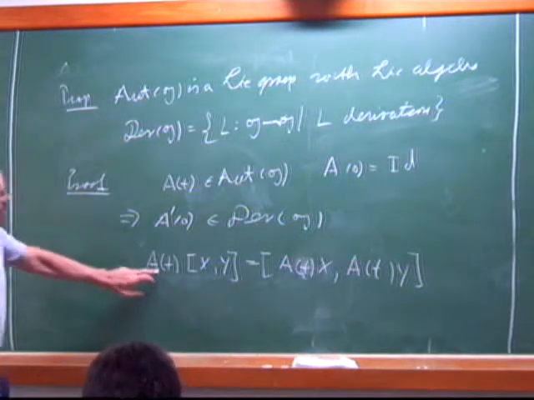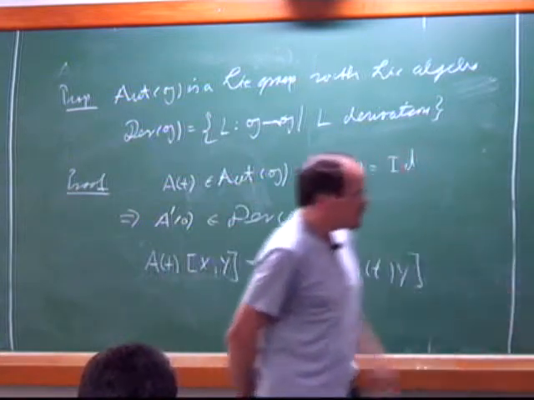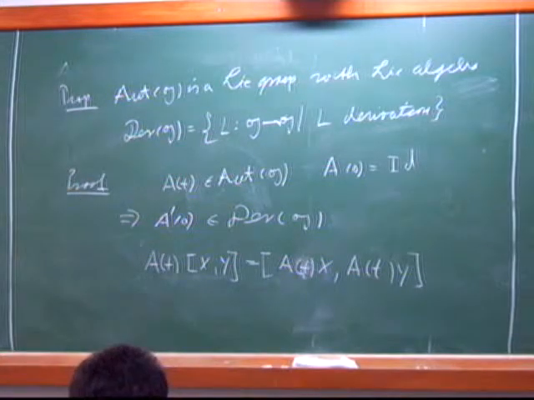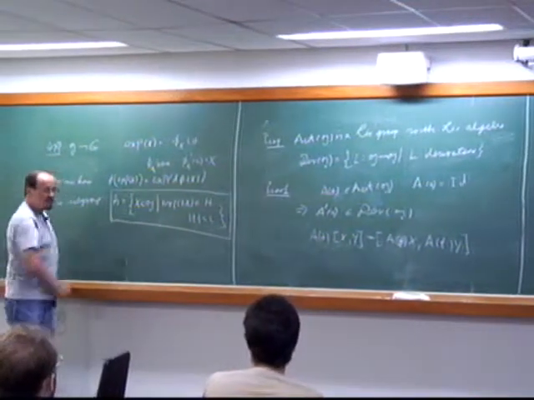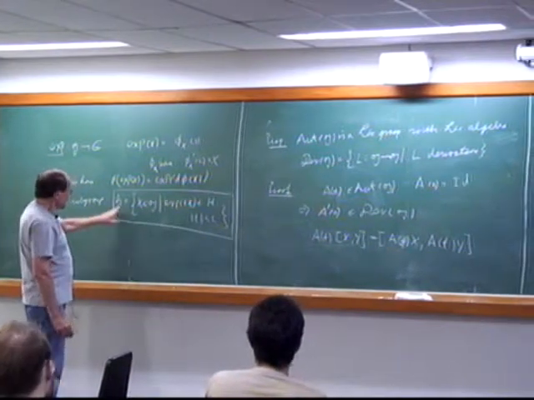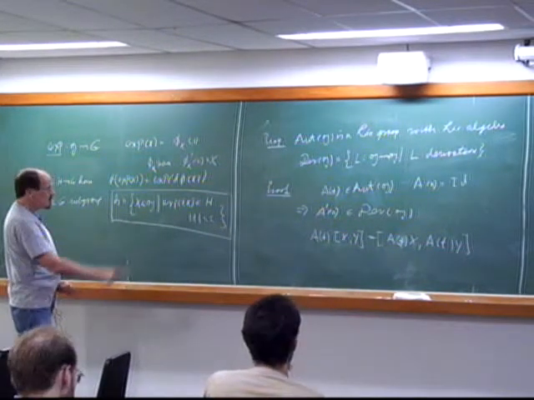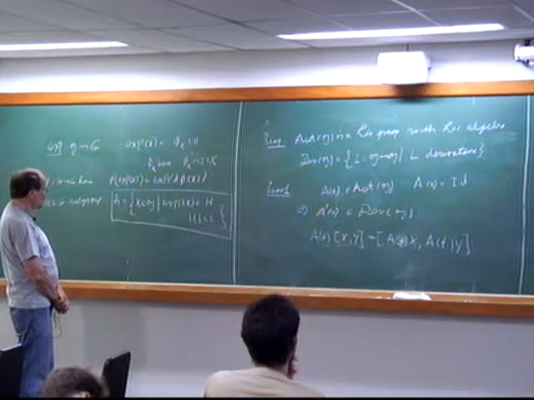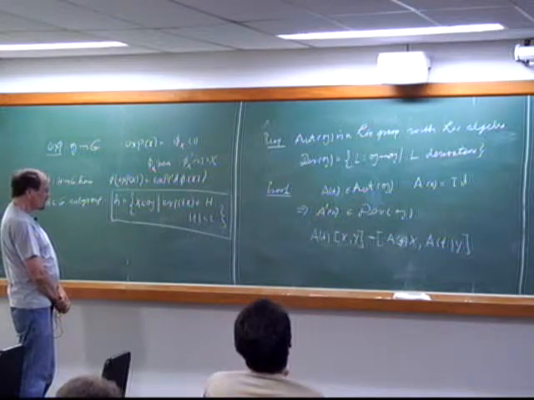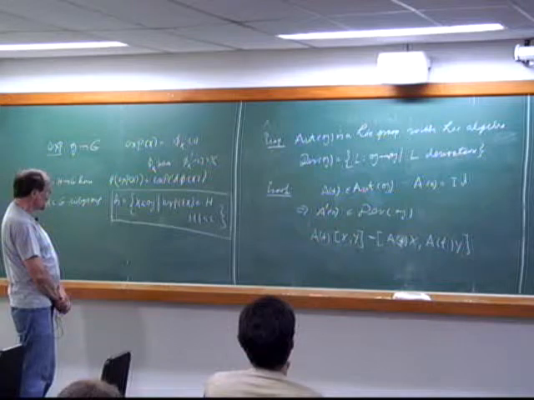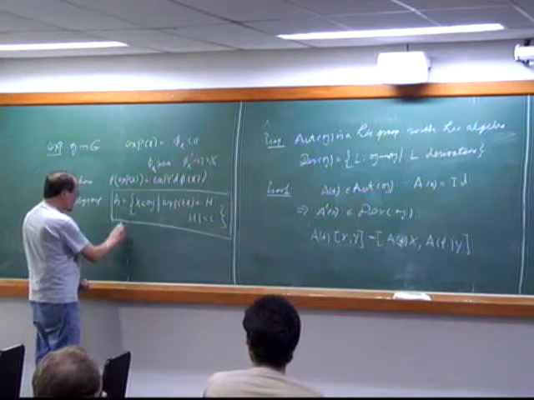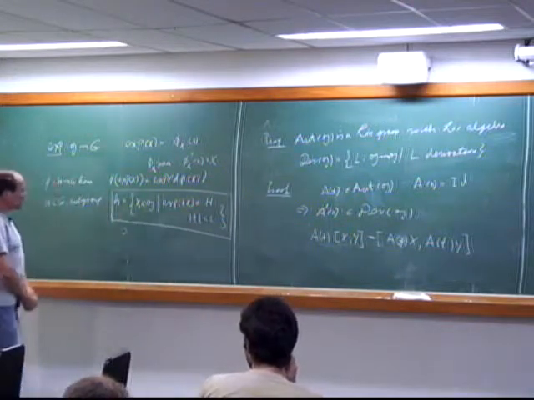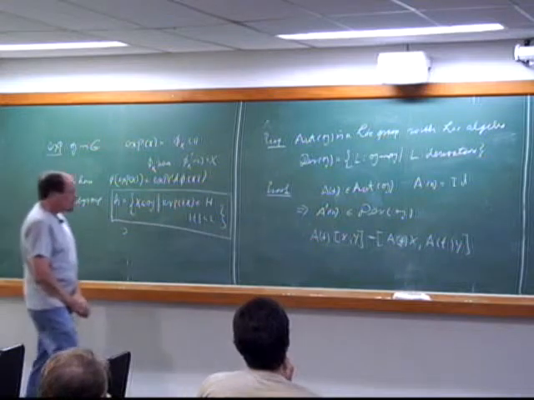If I differentiate, I get precisely this equation right here for the derivative. So that's one direction. It proves this inclusion: I have a curve inside the group, and its derivative lies in the Lie algebra. Now we have to prove the converse.